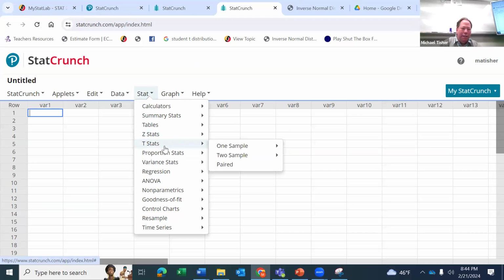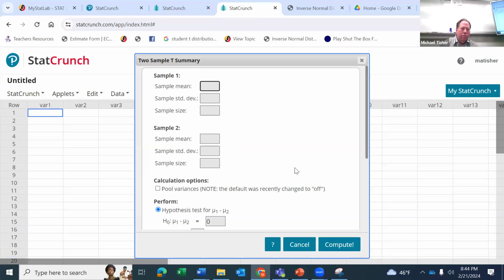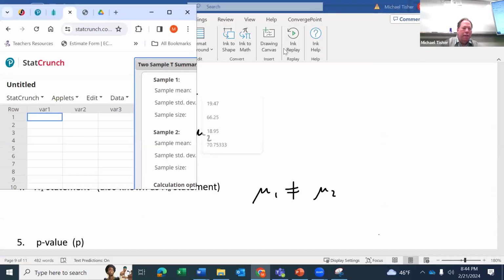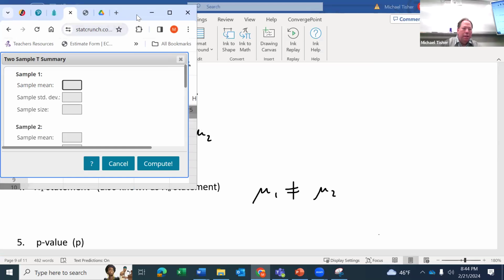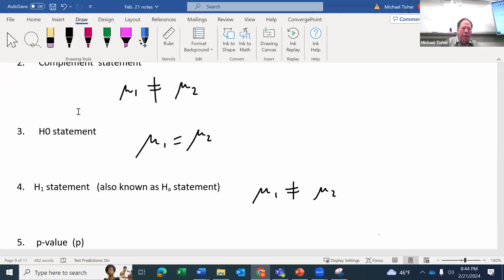T-stats, yes, always choose T-stats. This time we're given two samples, so choose that. We don't have the data directly, so we'll choose with summary. Then you have to put in all this information. Sample one is the Times New Roman. Put the mean, standard deviation, and size in. Let's recall what that was.